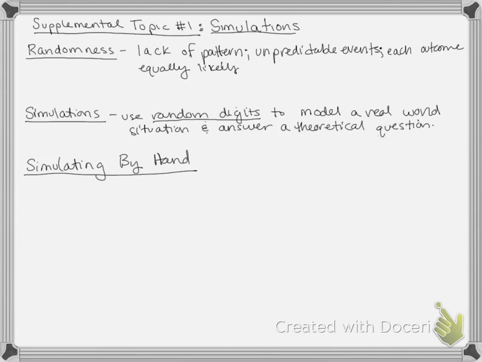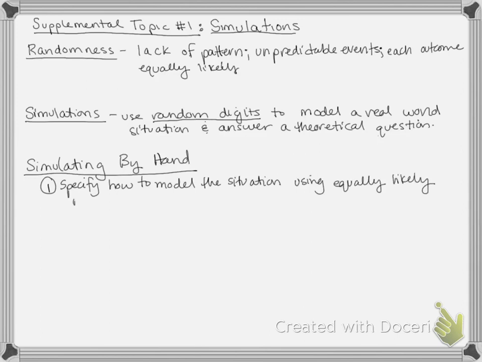Simulating by hand. Okay, so first, step 1, we're going to specify how to model the situation using equally likely random digits.